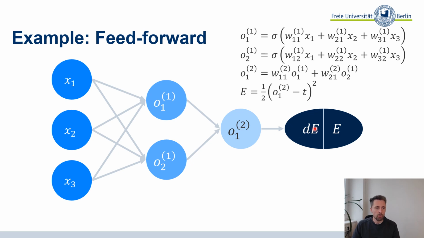So assume we have just a one-dimensional output here, and we compare this output O1 to this given target T, square it and half it. And now what we need to do is we need to store in each of these 4 nodes the derivative of this function at their inputs.